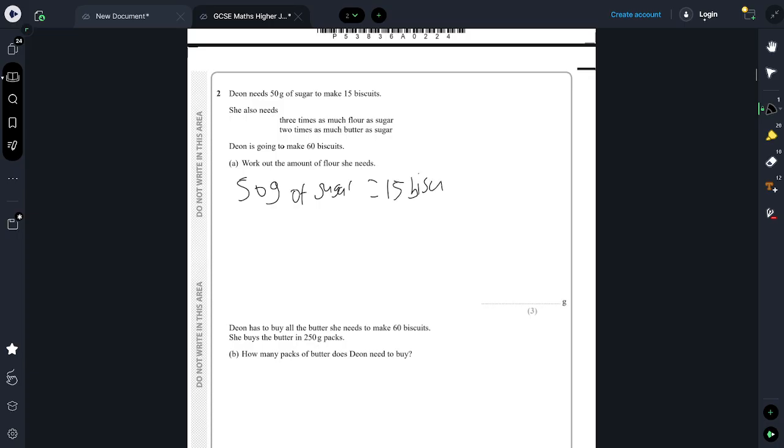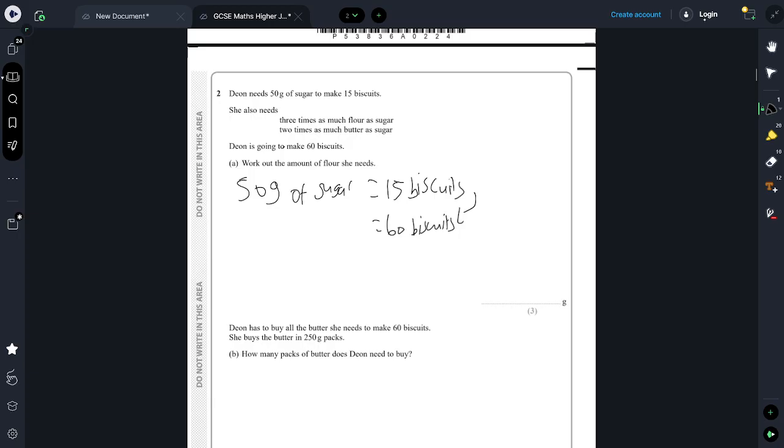But it tells us that they are making 60 biscuits. So actually, we need to scale this. So 60 biscuits equals some lots of sugar. Now, how do we get from 15 to 60 here?